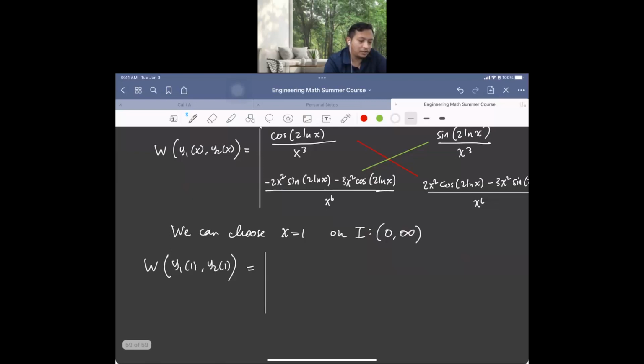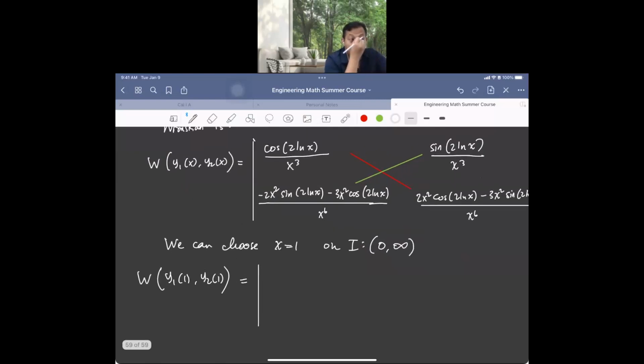So it's easy to compute and easy to analyze. So this becomes cos 0 is 1, right? 1, sine 0, right? And then you can just plug in x equal 1. So this will be negative 3, and this will be 2.